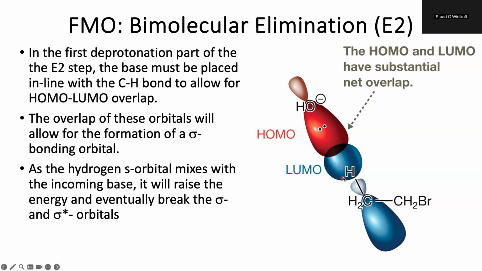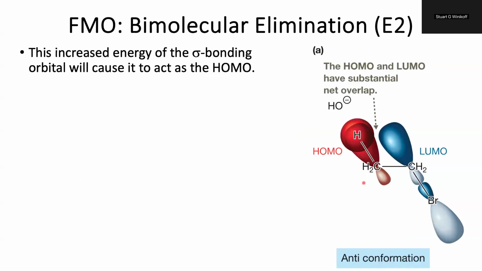Now, as I'm occupying that sigma antibonding orbital, I'm breaking that sigma CH bond. This can now act as the HOMO for the next step.